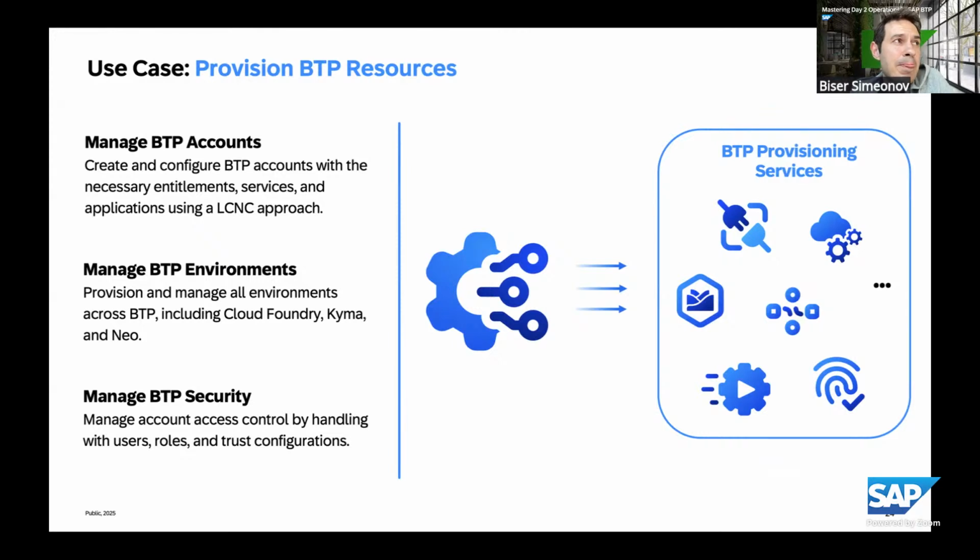We have a use case with a big company that has many dev teams and a catalog of resources in BTP which are expected to be provisioned. In that catalog, they set up different types of entitlements.